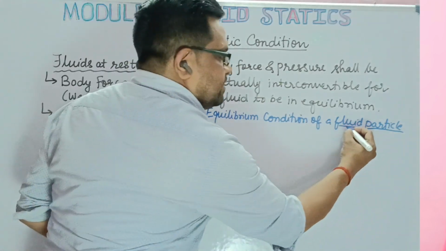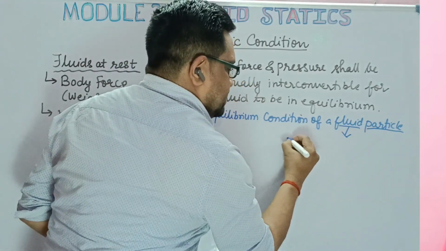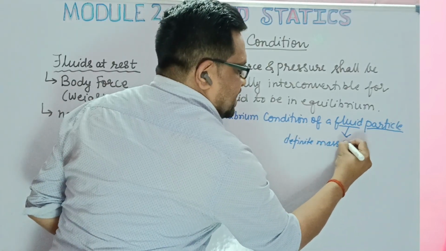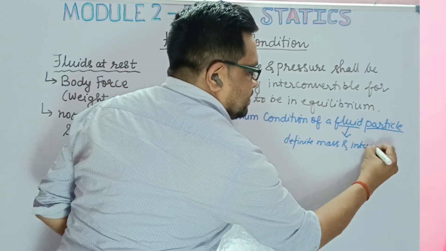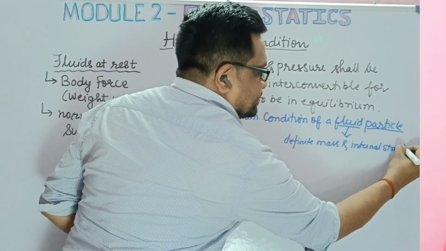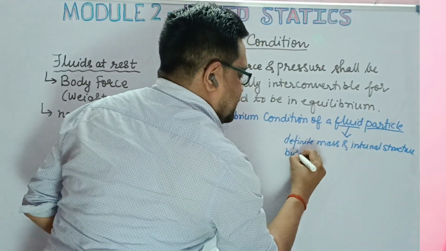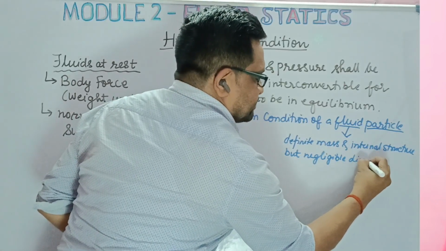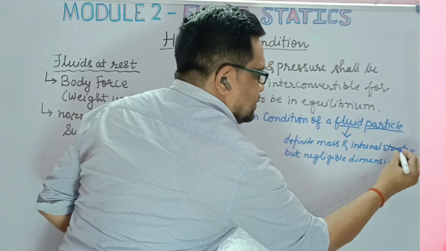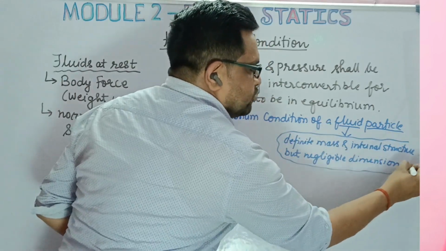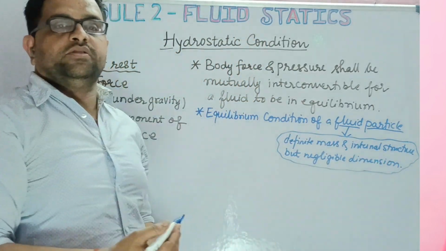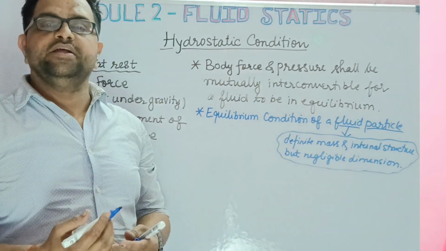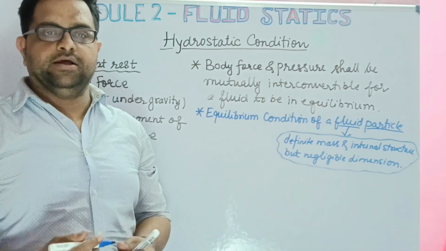So, a fluid particle has definite mass and internal structure, but negligible dimension. This fluid particle, or sometimes we also say the fluid element, may be delineated or can be identified through a boundary in a continuum.